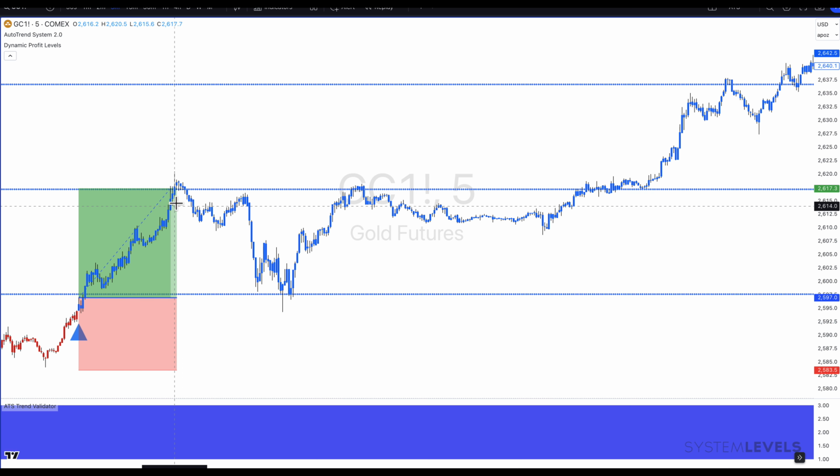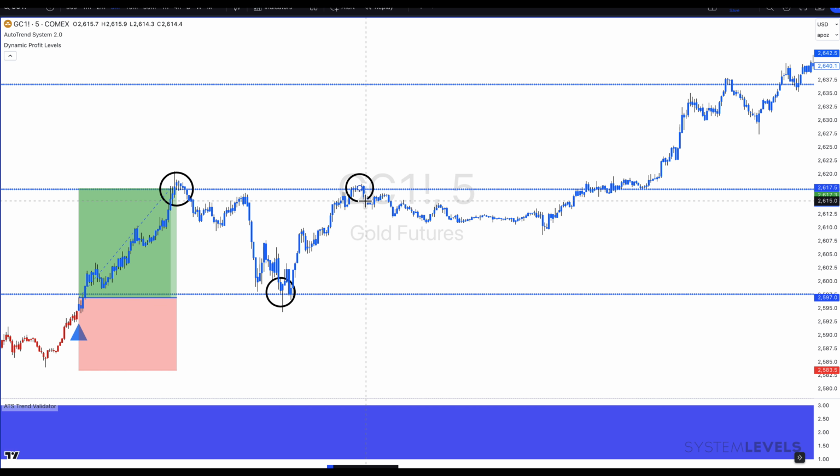Okay. Again, notice the strong resistance that the dynamic profit level presented. Price could not move past the DPL at that point in time. Instead, it moved lower. Where? Well, of course, to the next DPL, to the lower dynamic profit level, at which point it found strong support and moved higher.